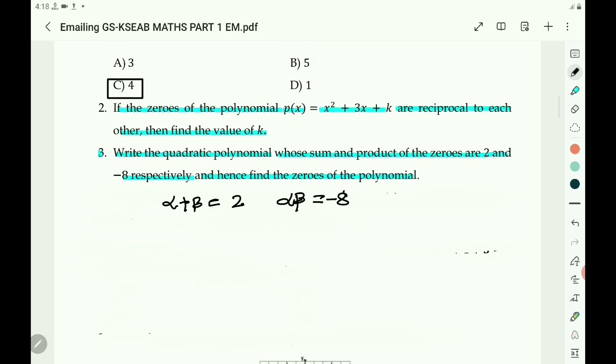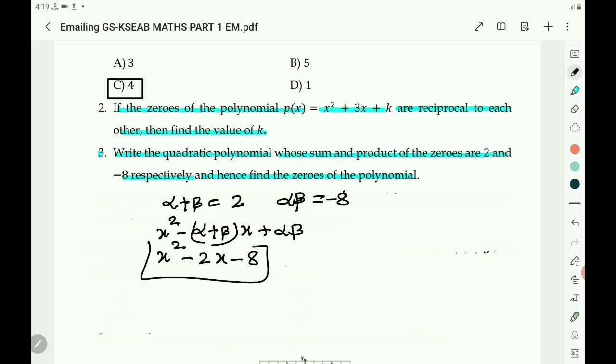Then the quadratic polynomial is x square minus (alpha plus beta) into x plus alpha beta, that is x square minus 2x minus 8.